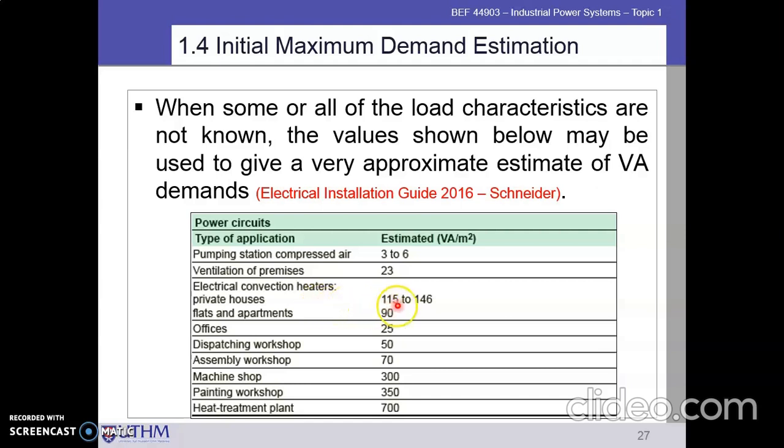For flats, 90. Office, 25. Dispatching workshop, 50. Assembly workshop, 70. Machine shop, 300. Painting shop, 350. And heat treatment plant is almost 700 VA per m squared. Okay, this is the estimation of the load characteristic.